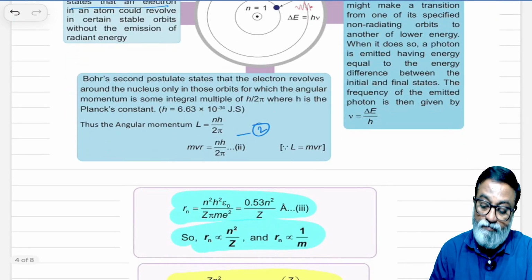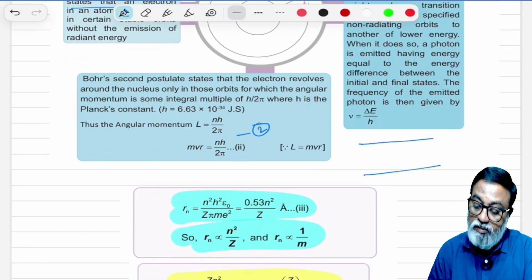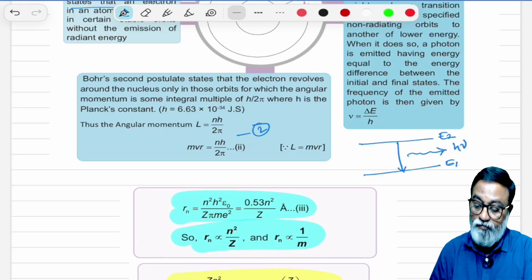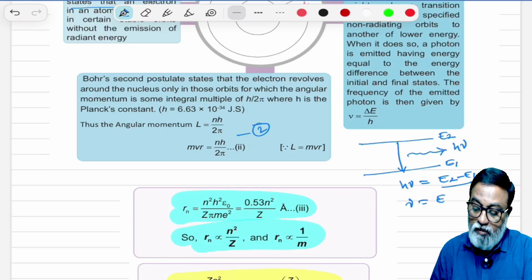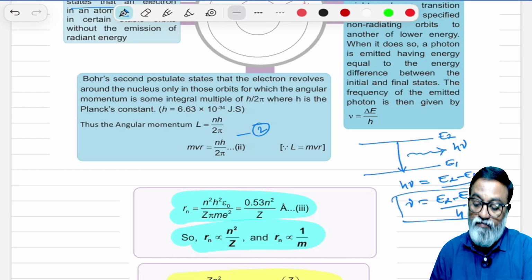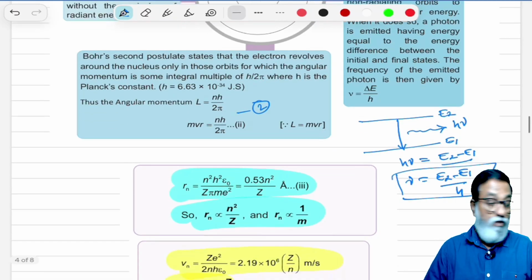For example, this is the higher energy state E2 and this is the lower energy state E1. When electron transition takes place from higher energy to lower energy, a photon of energy h nu is emitted. Therefore, h nu is equal to the energy difference E2 minus E1. Therefore, nu is equal to E2 minus E1 by h. This is the frequency of the emitted photon.